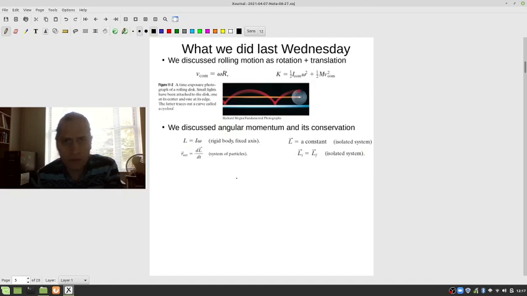And then on Wednesday, what I did in that video, we talked about rolling as a rotation plus a translation. And so the essence of it is gotten across in this picture, where you have the center of mass that's going at some speed that has to do with how fast it's rolling times the radius, and the kinetic energy of the wheel then has a rotational part and a translational part.